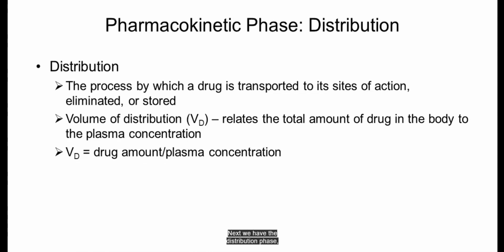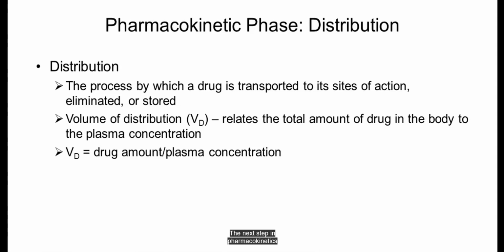Next, we have the distribution phase, which means the process of transporting the drug to an action site, for instance, a heart muscle, or to an elimination site, for example, the kidneys, or storing it within the body. The term volume of distribution means the amount of drug given divided by the plasma concentration of the drug, and is useful to see how the drug is absorbed and distributed.